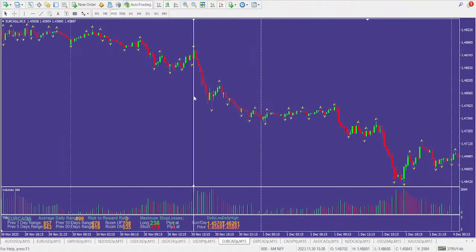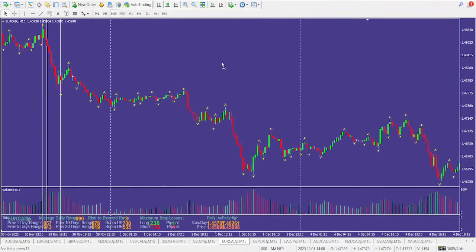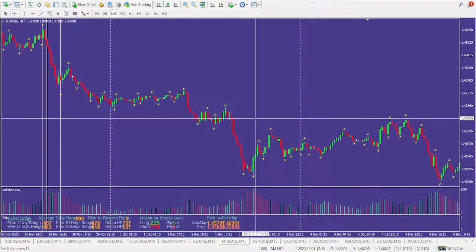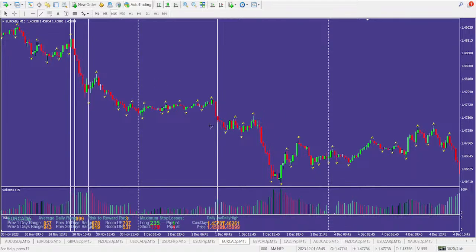Here we go. So November 30th, got a high volume spike here, here, and over there. These are our levels, and then we've got another clue over here, December 1. So we'll start with December 1.